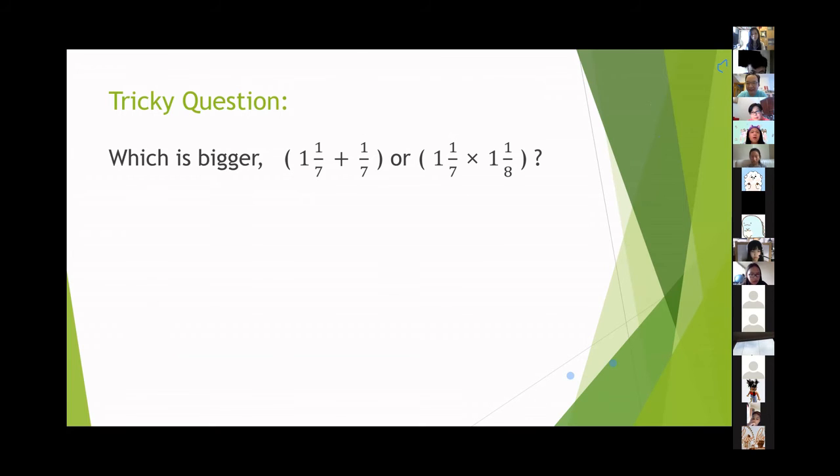I can see right, obviously. The left one or the right one, or are they equal?